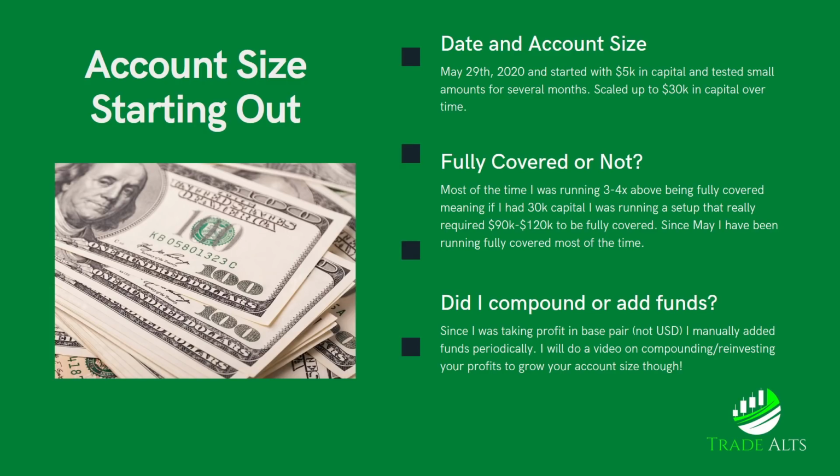And this is a really important thing that needs much more attention, which again, I'm going to direct you to different videos for. But once we got the testing phase out of the way, I was running probably 3 to 4x above being fully covered, meaning I was essentially over leveraged.